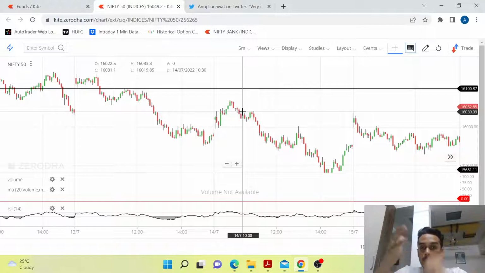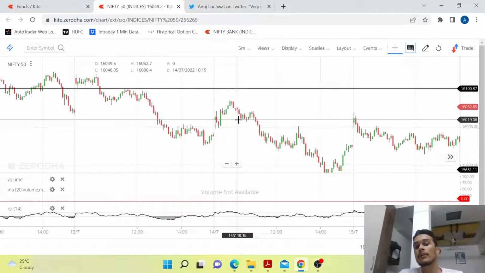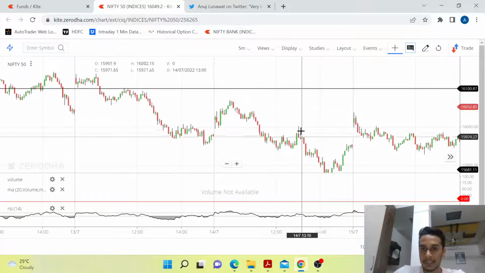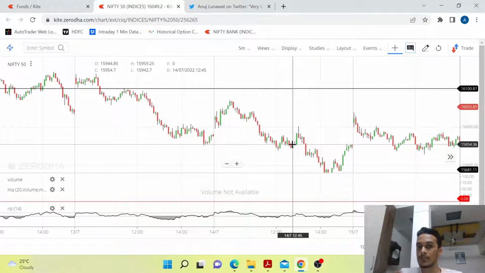Whenever I'm selling strangles, I ensure that after this point there is no point in the day wherein my strangle is bullish biased. As soon as I get into a strangle, these pullbacks are very sharp, so you have to manage your strangle so that you're not hurt on the bullish side as well.